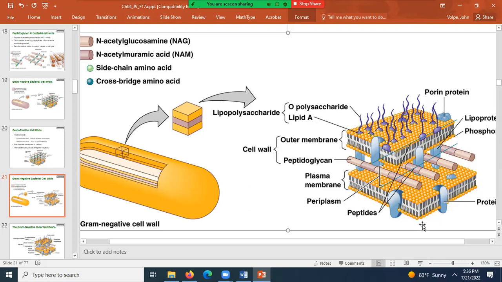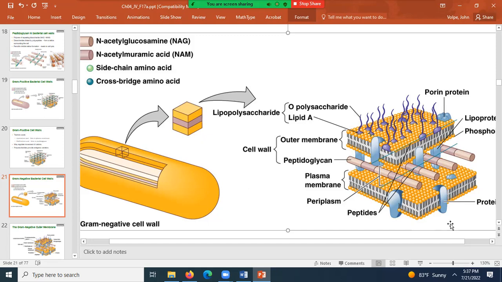amino acids cannot move through the cell membrane, but the cell makes a transport protein to move those molecules through the cell membrane. The difference between a transport protein and the porin protein is that a transport protein essentially only allows one molecule to move across the cell membrane through the transport protein.